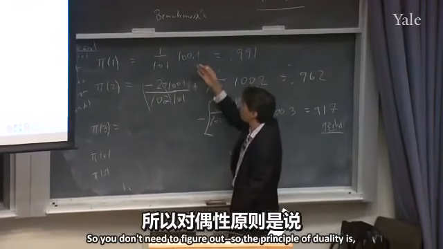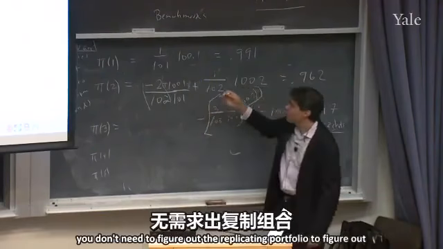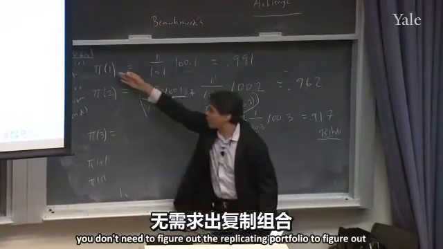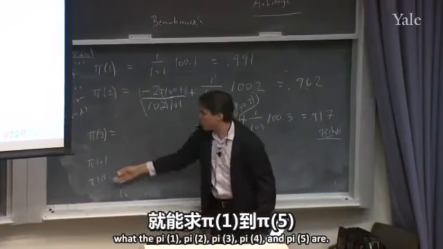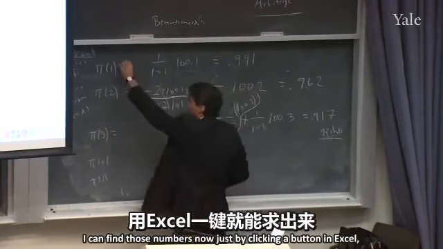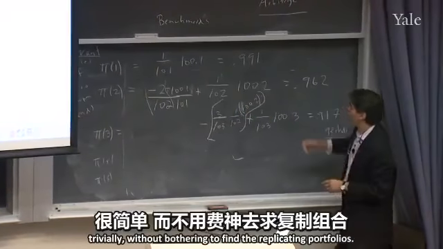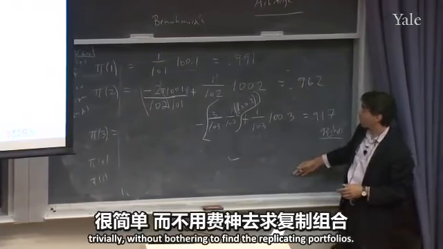So the principle of duality is you don't need to figure out the replicating portfolio to figure out what the pi 1, pi 2, pi 3, pi 4, and pi 5 are. I can find those numbers now just by clicking a button in Excel, trivially, without bothering to find the replicating portfolios.